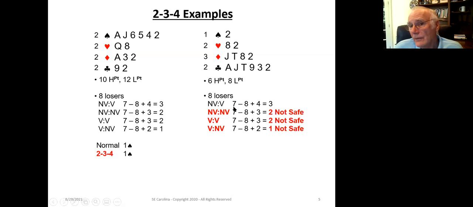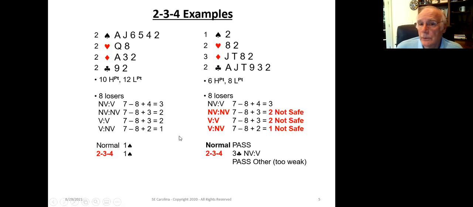So based upon the contents of this hand and vulnerability, I would bid 3 clubs if we're not vulnerable and they're vulnerable, and I would pass otherwise. So we can see here that under a normal situation, people are going to pass. Using 2, 3, 4, I'm going to bid 3 clubs in the not vulnerable versus vulnerable situation. I'm going to pass in the other situations.